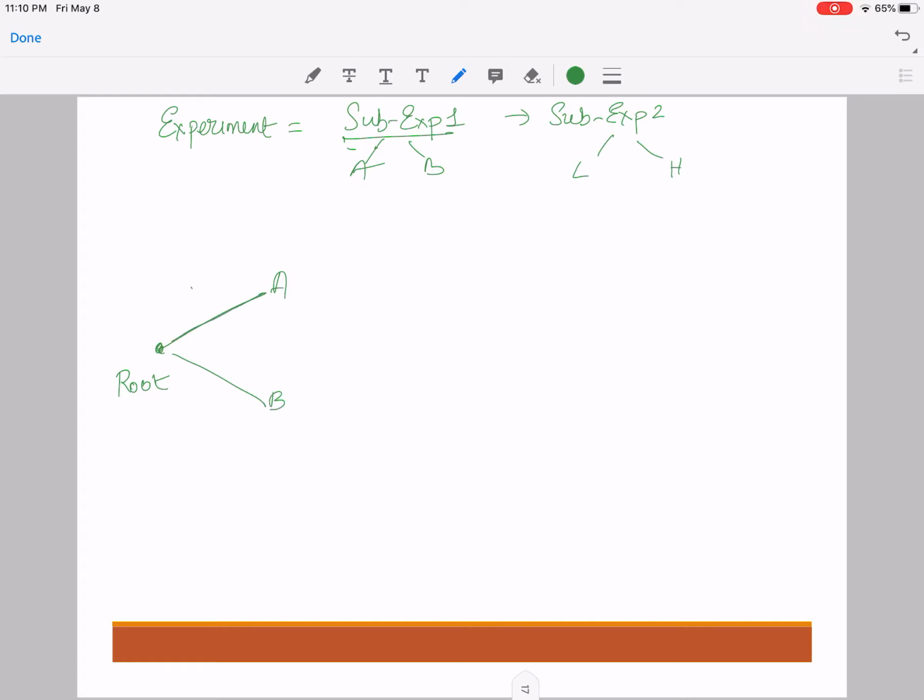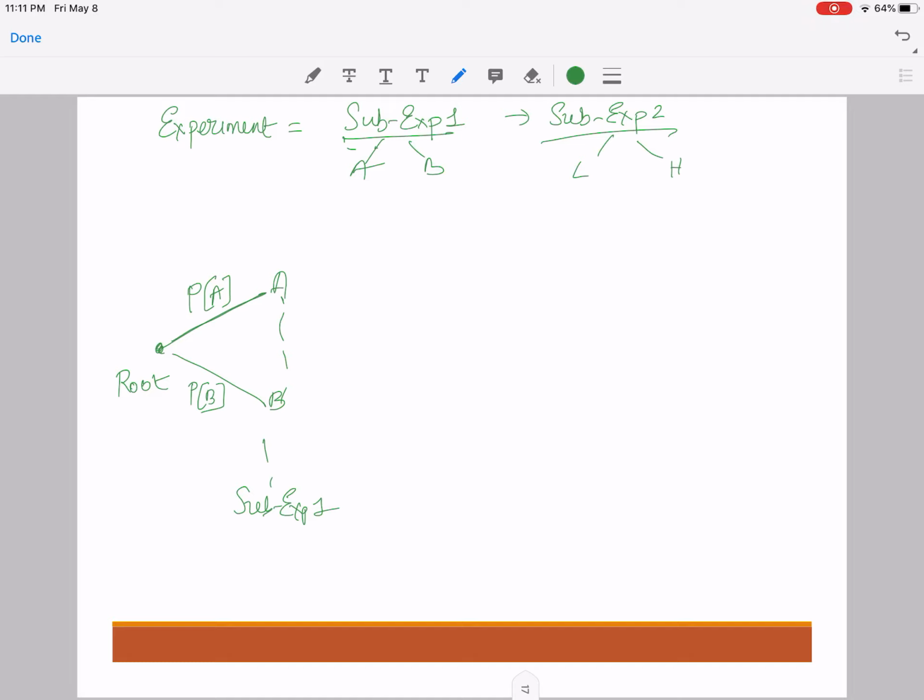The probability of getting an A will be noted on this particular branch, and the probability of getting a B will be noted on this particular branch. At this point, I would have completed my sub-experiment 1. Next, I need to perform sub-experiment 2. Let's say that I got A first when I performed sub-experiment 1.